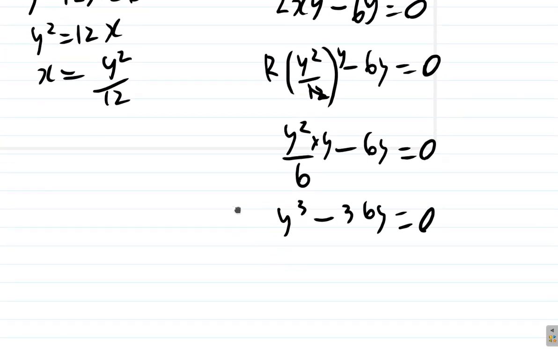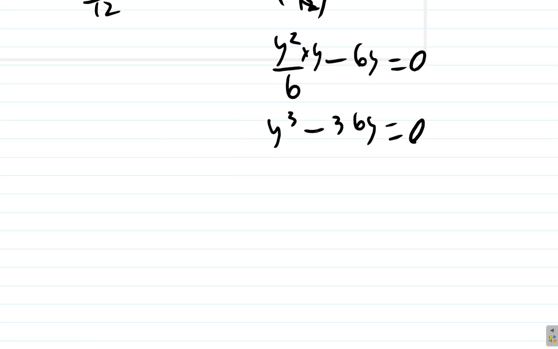Now, let's factor out y. y times y squared minus 36 equals 0. We know this is the difference of two squares. So remember how to factorize the difference of two squares.